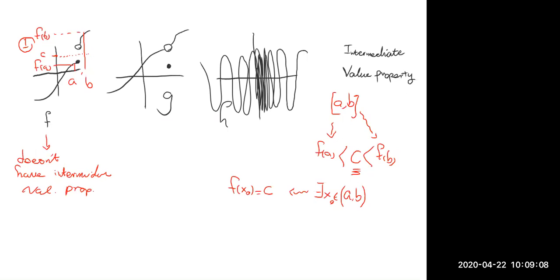What about the second one? G is not continuous too, but does it have the intermediate value property? Think about that for a minute.